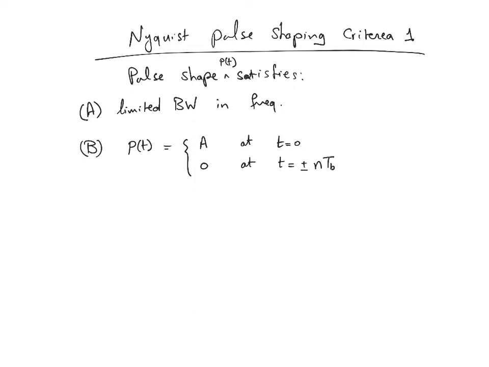Okay, for n belongs to 1, 2, 3 up to infinity, right? So what does this mean? In frequency domain, this means that when you look at your signal, at your pulse, the Fourier transform of your pulse should be something that finishes at a certain point, right?